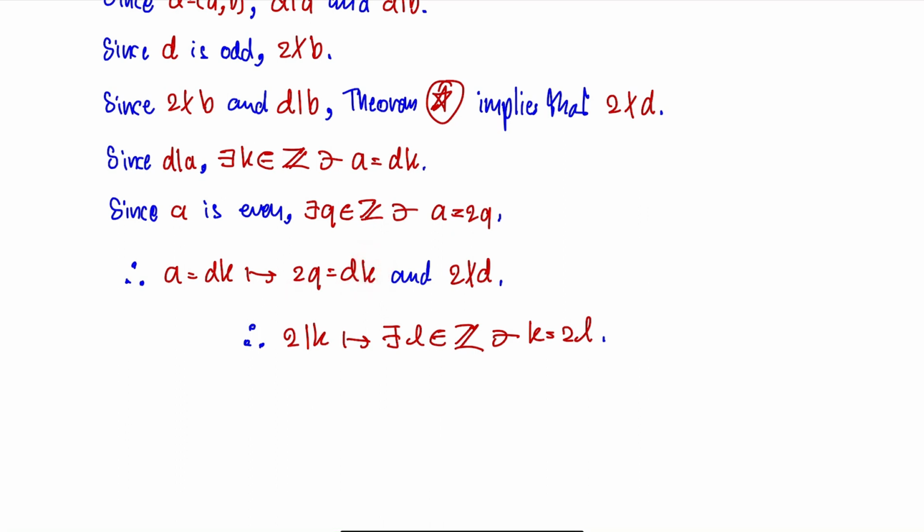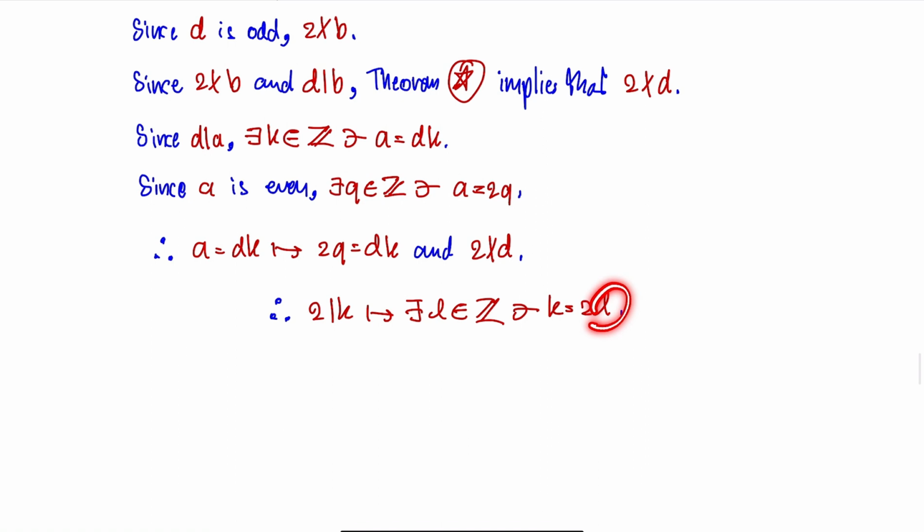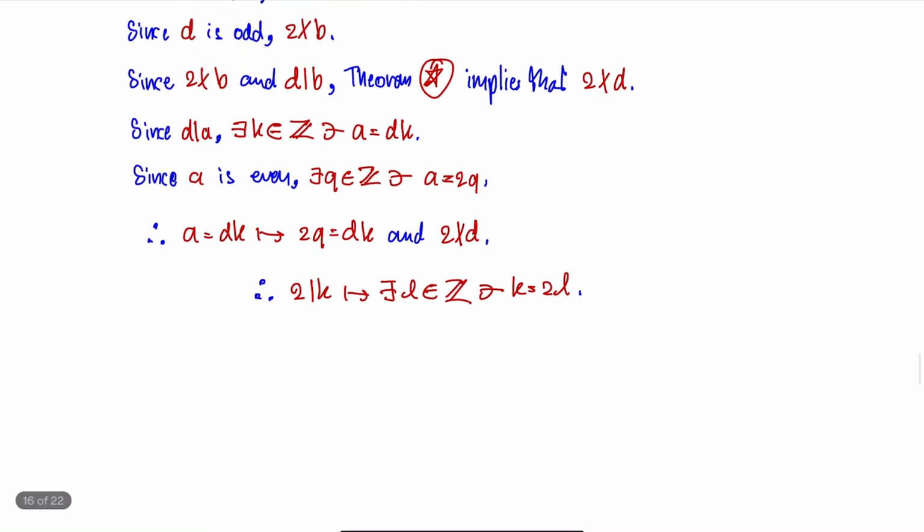So k is divisible by 2. That means that k equals 2l, where l is an integer. Then, what do we have?